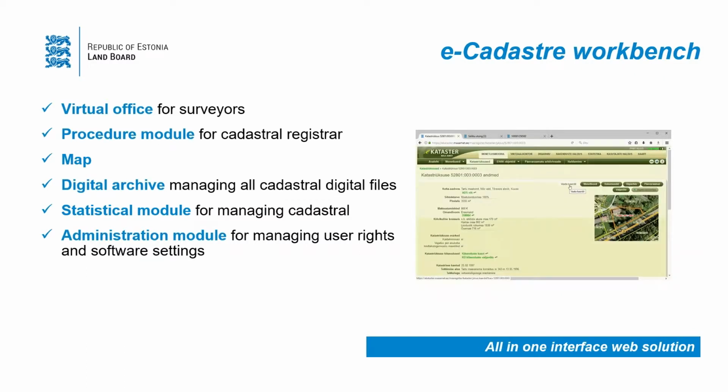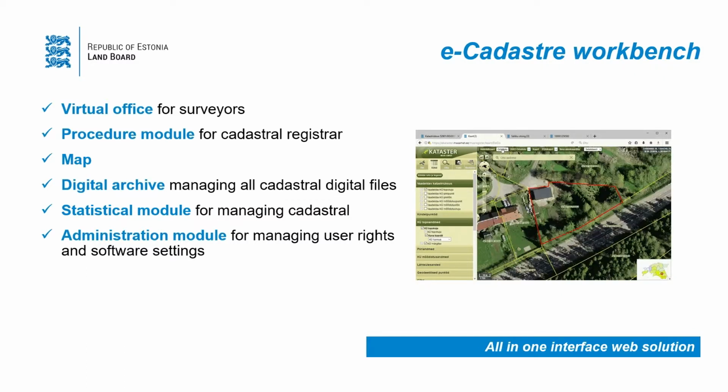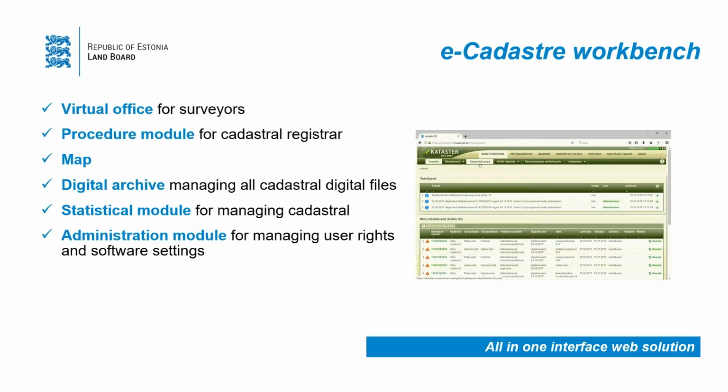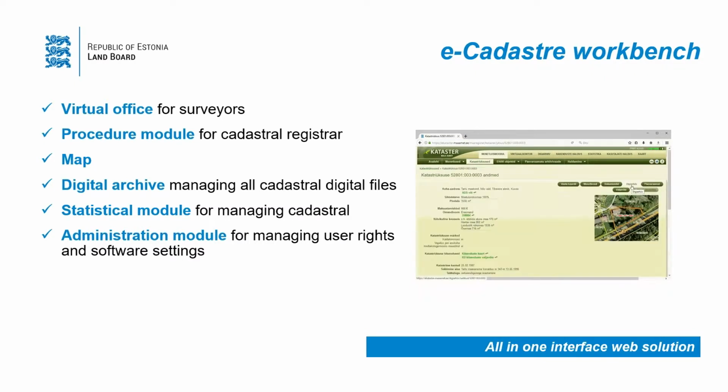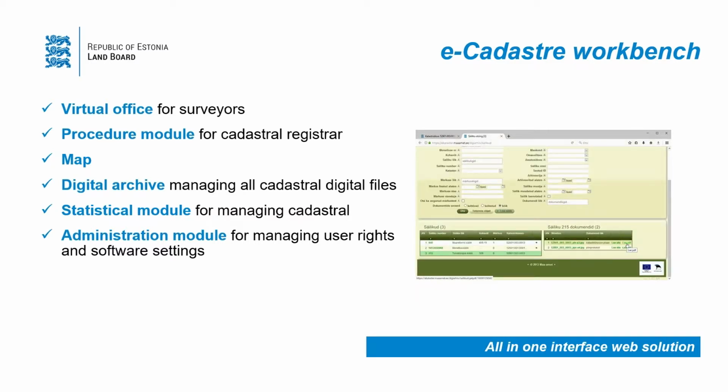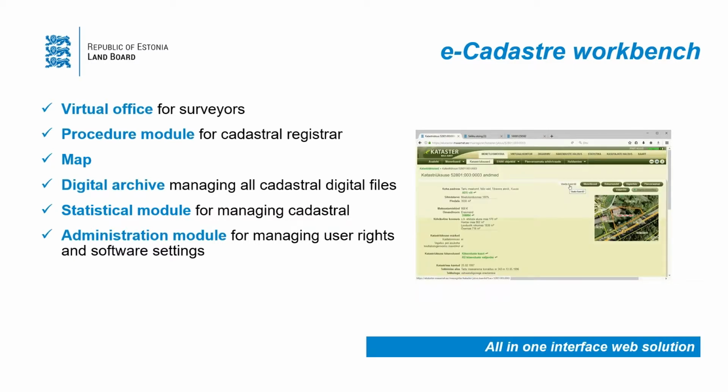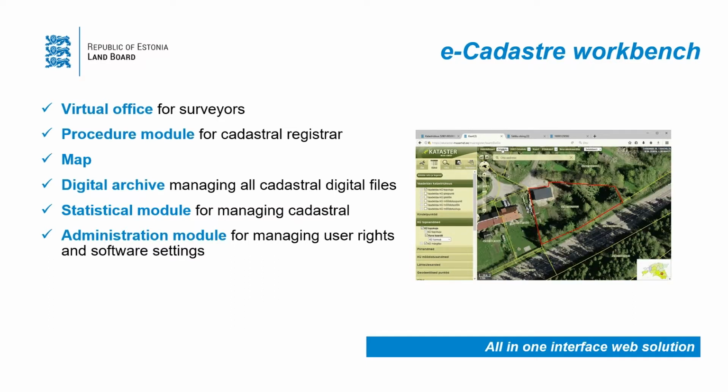Also, we have a digital archive, because today all procedures are digital. So we store all digital files, from applications to the end of a registration procedure, and some statistical model and administration model.